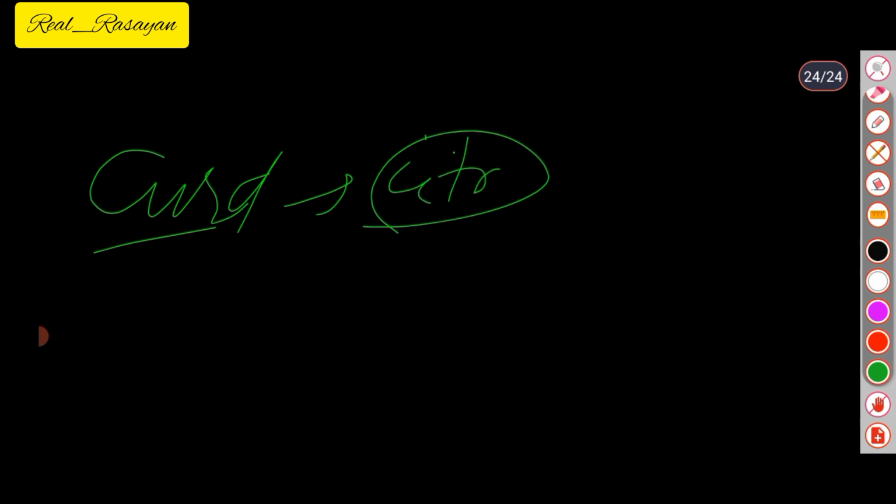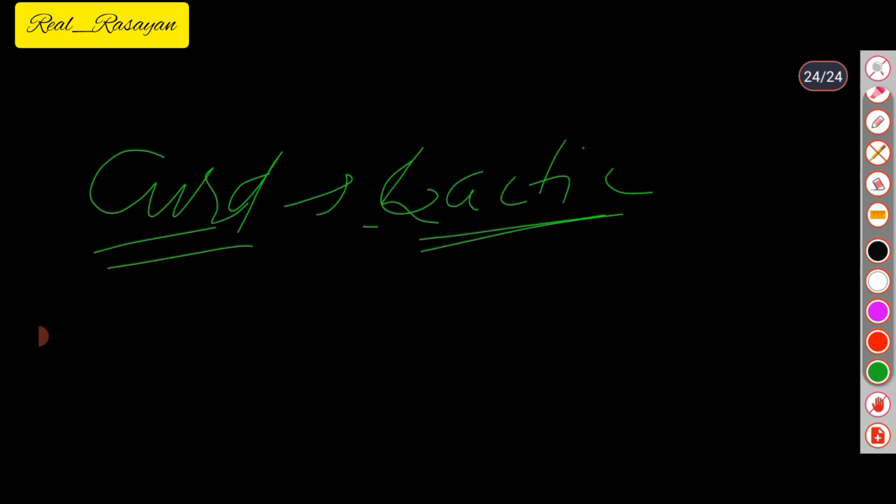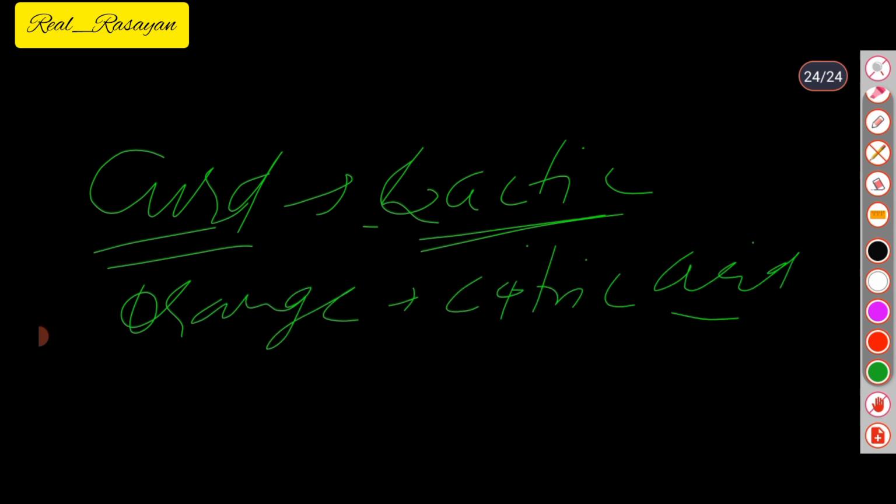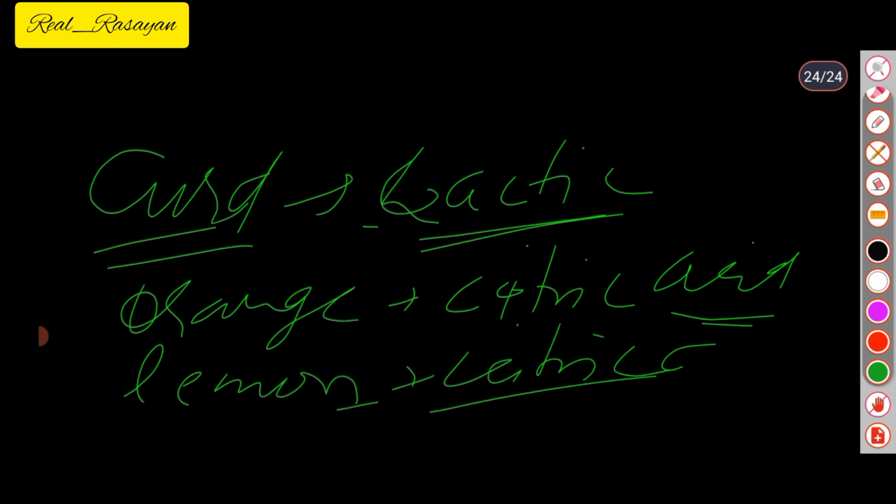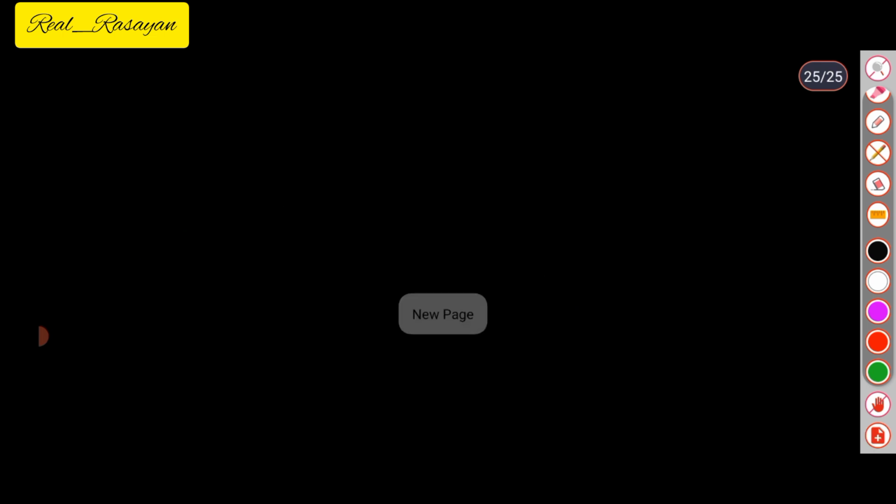Sorry, lactic acid. Curd contains lactic acid. Orange contains citric acid. Lemon contains citric acid. So these are the examples of some common acids in various substances.